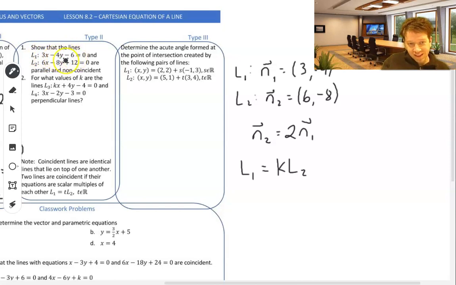But then the constant, -6 times 2 is -12, not +12. So in our case, that is not true. Therefore, the lines are not coincident. So they are parallel, but not coincident.